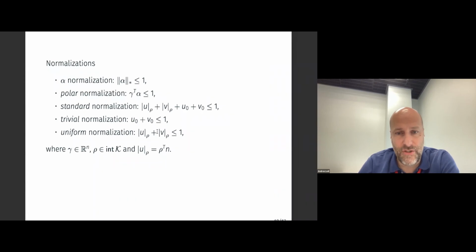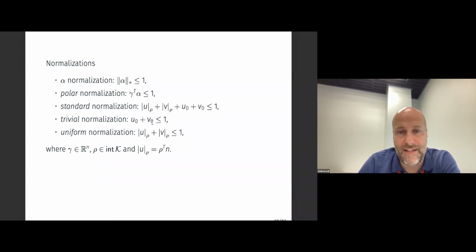Finally, the normalization that we are instead suggesting is the one that removes, on the contrary, the two multipliers associated with this, and I only use the part associated with the conic inequalities. There's a typo here.